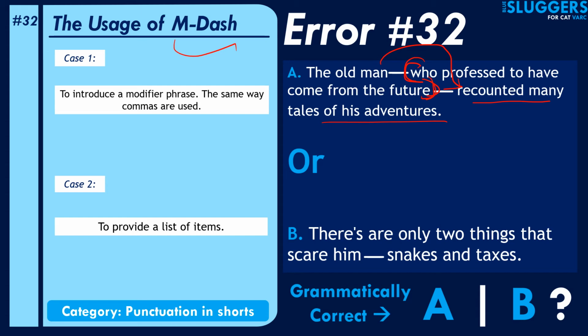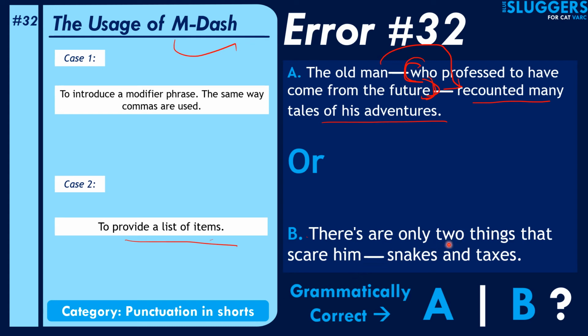Another way in which the M dash can be used is to provide a list of items, the way you have in the case of a colon. The sentence should read: there are only two things that scare him, snakes and taxes. Okay, my bad, we can't regard the sentence as incorrect. Even if it says 'theirs', that's not the error we are concerned with right now.